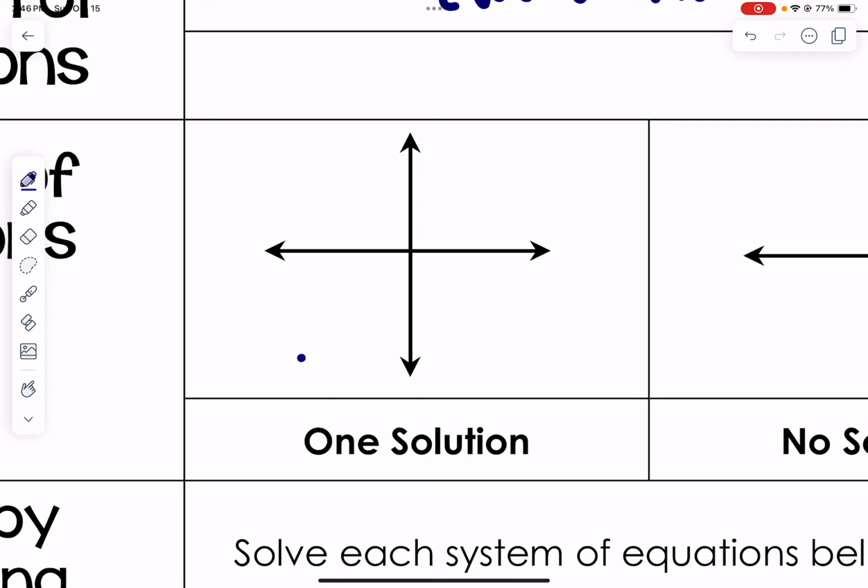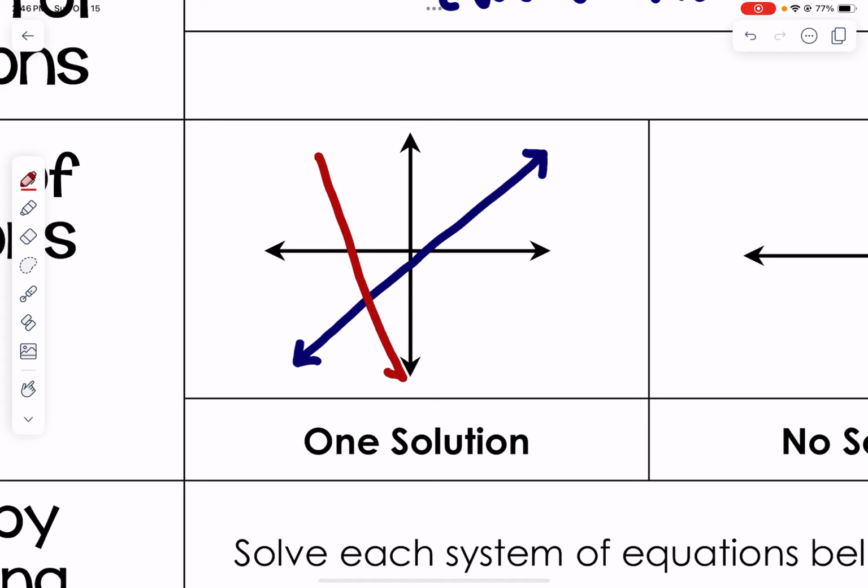Once again, these are just random lines. Let's just say you have that line and then another line coming down. Our focus for today is this intersection point between these two lines. Notice that these two lines have only one intersection point, so this means we only have one solution.